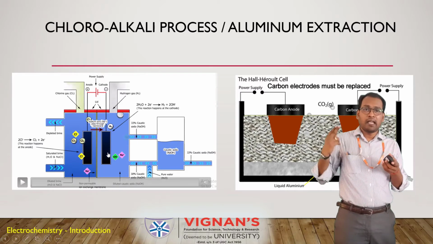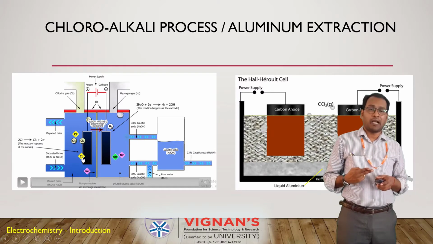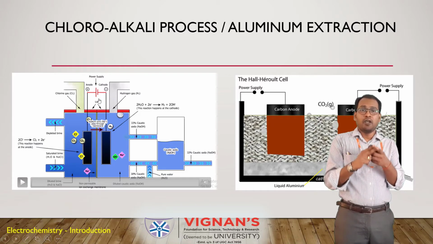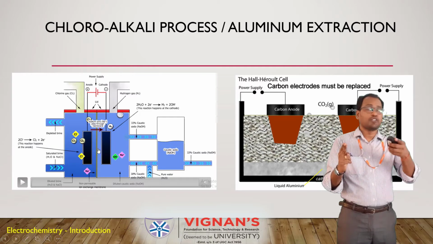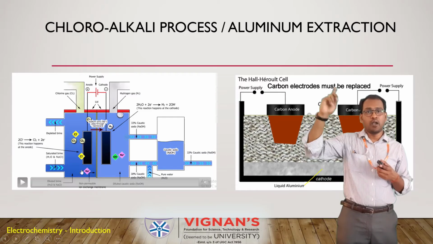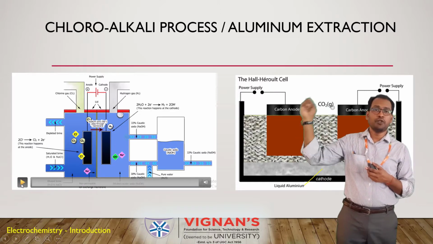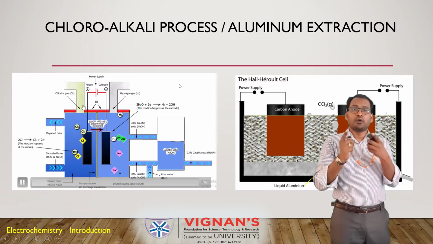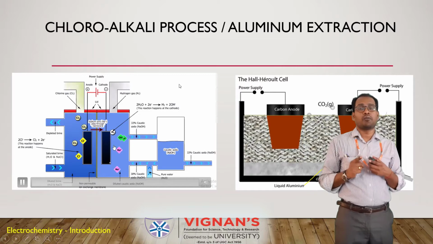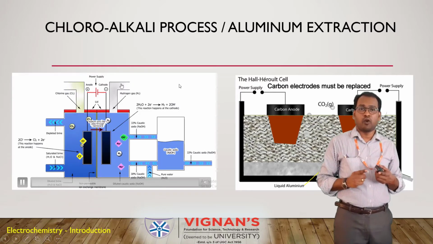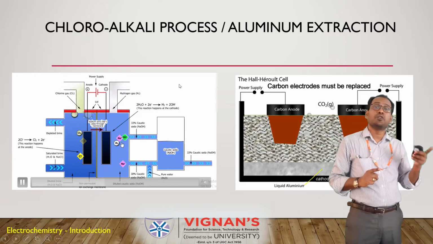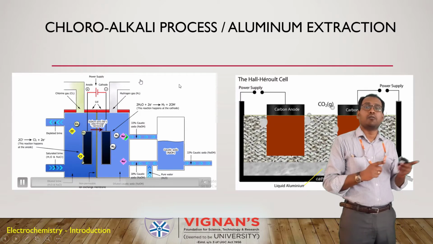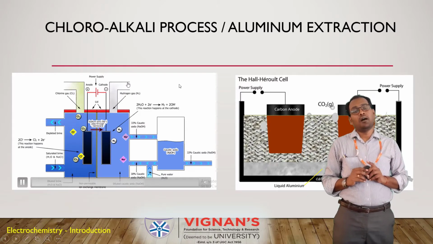By applying electricity to this brine solution, sodium chloride cleaves in the presence of water to form chlorine gas, which escapes and is used for industry, and the sodium from the sodium chloride and hydroxide from water react together to form sodium hydroxide alkali, which is also used for many applications, right?